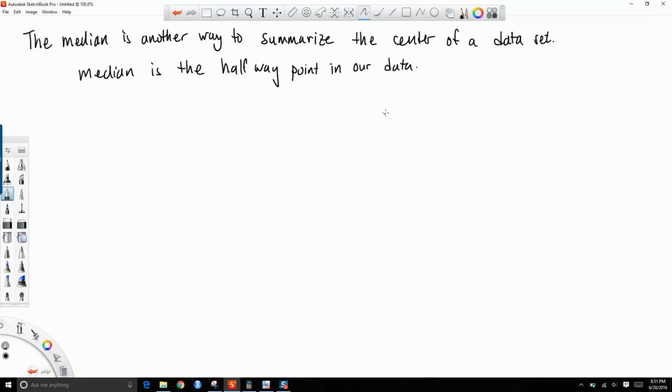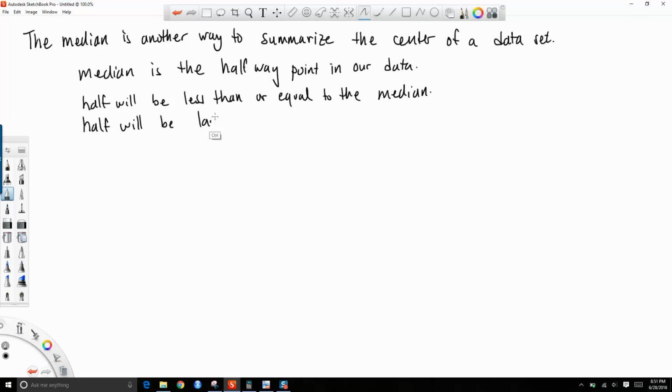Wherever the median is, half of the values will be less than or equal to the median, and half will be greater than or equal to the median.